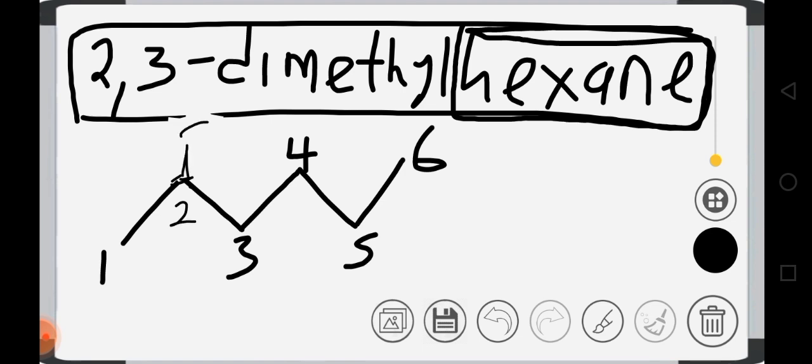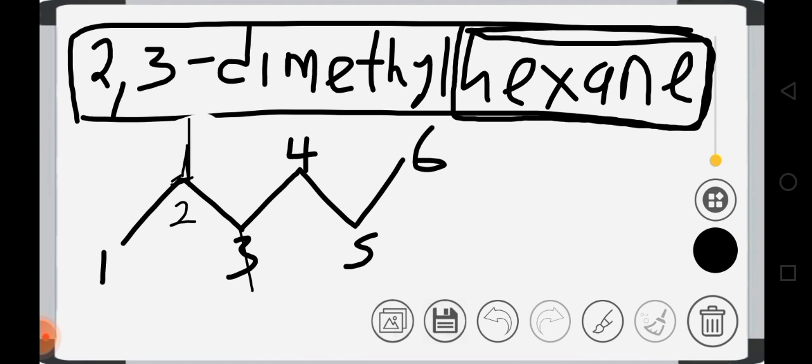So you put 1 carbon here, and you put the other carbon here. Even though you don't put the carbon letter, there's no problem. You just put 1 line here, 1 line there. That's all. This one is still 2,3 dimethyl hexane.